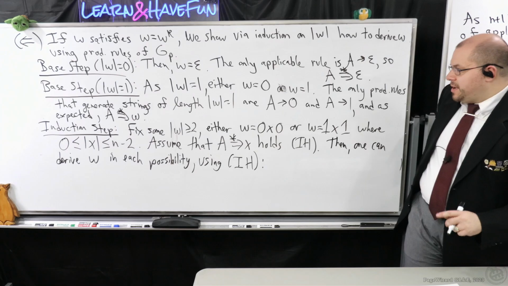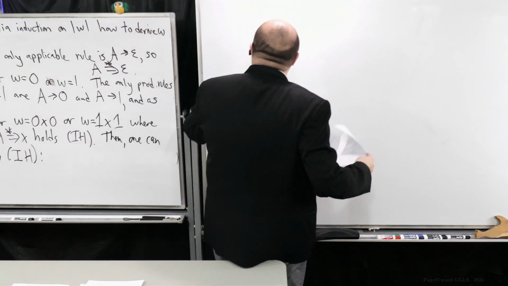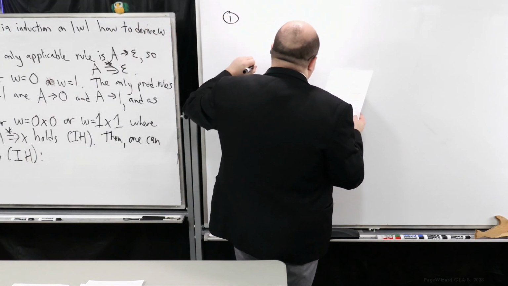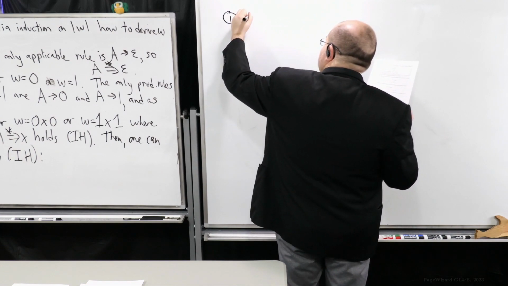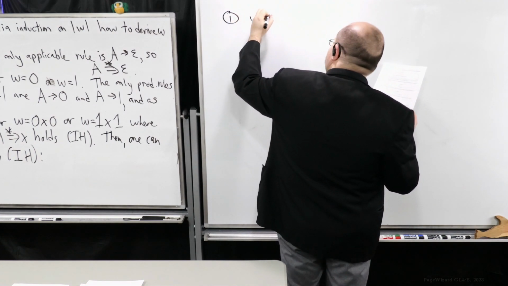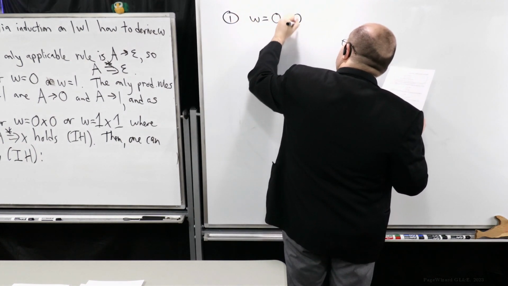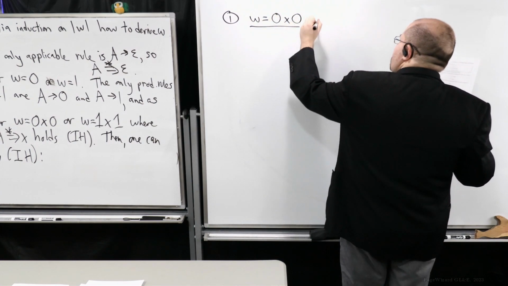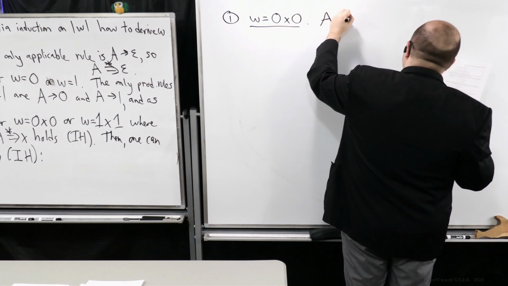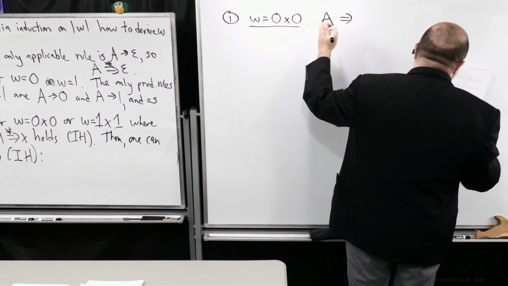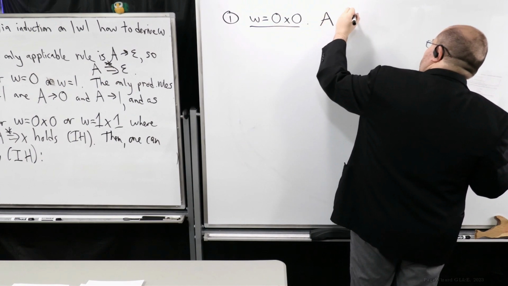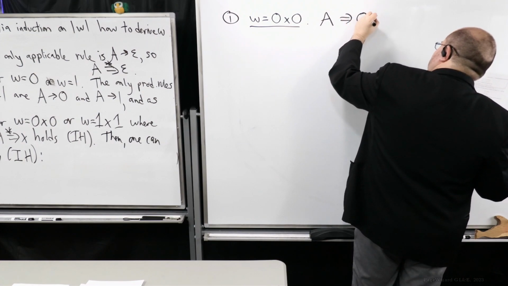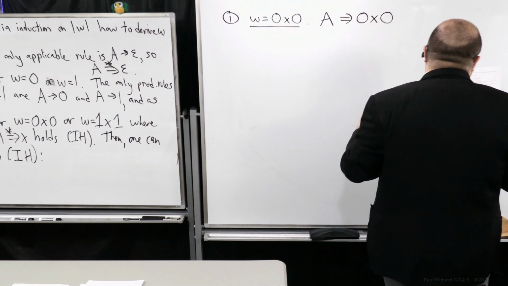So let's head over here. So we have two cases, right? We already identified the form of what W might look like. Like it has to look like one of these two. So in the case that W looks like this, well, look at this. By the induction hypothesis, I can apply a production rule to get 0x0.